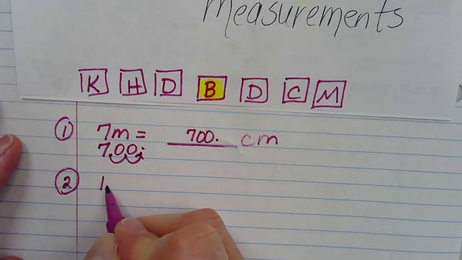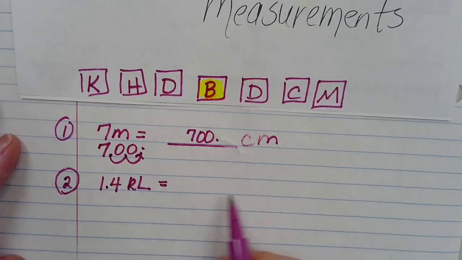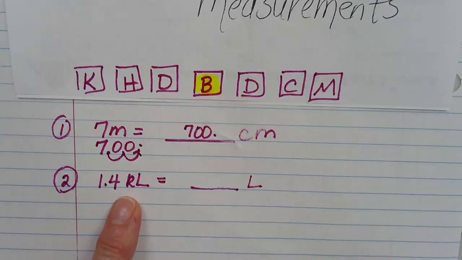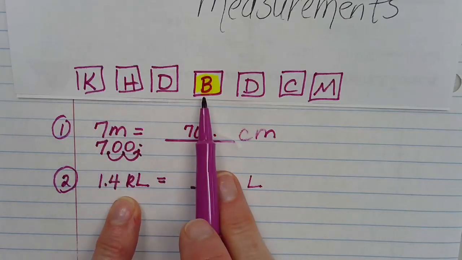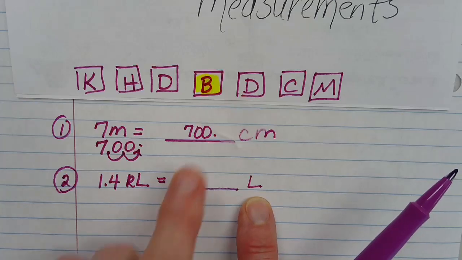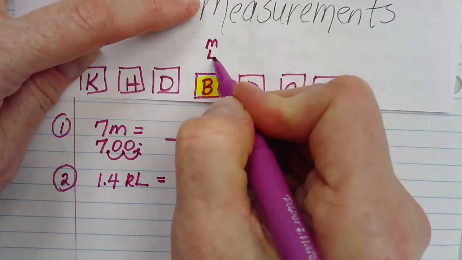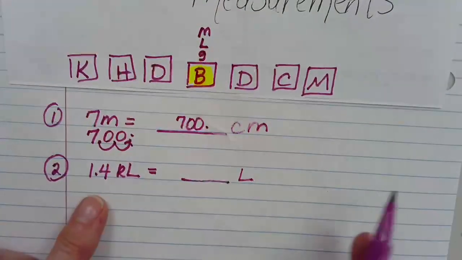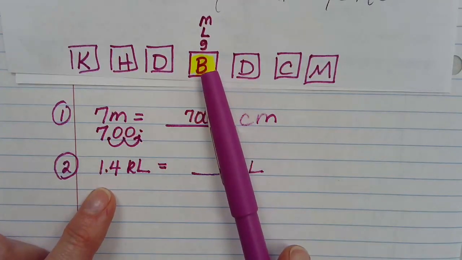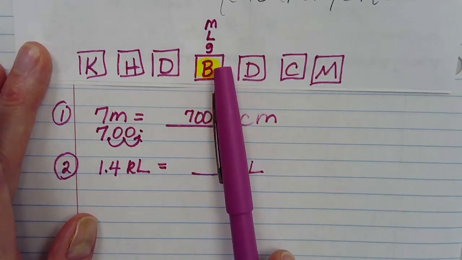If I have 1 4/10 kiloliters equals how many liters? Now, prefix is K. Basic unit is liters. It is a letter by itself. So that's where liters would be. Remember, this is meters, liters, and grams. So if I'm at kiloliters and I'm going to liters, I am going to move 1, 2, 3 to the right.